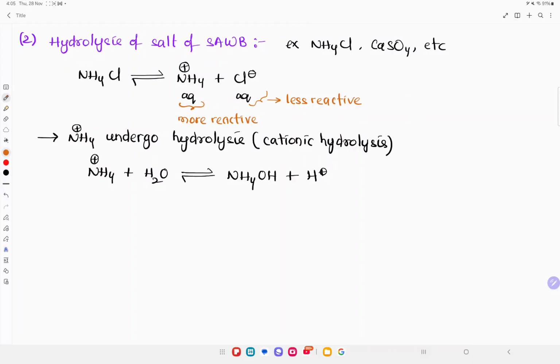Due to the release of these H plus ions in water, by the hydrolysis of the cation, the solution becomes an aqueous solution of the salt of a strong acid and weak base, which is acidic in nature.